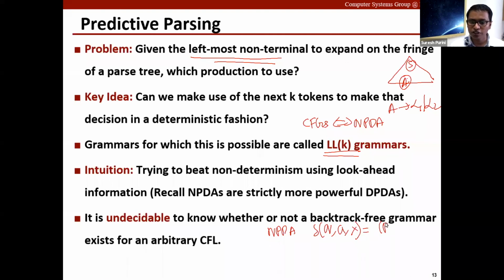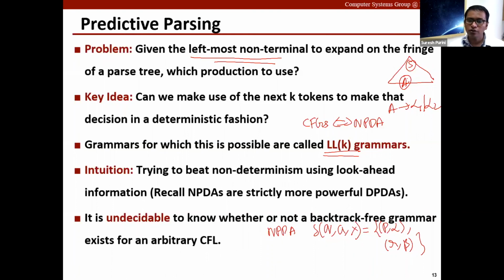The PDA can go to state P and replace the stack symbol X with alpha, or it can go to state R and replace the stack symbol X with beta. These are the two possibilities, let's assume, and in general we can have more than two. Mathematically speaking, if there exists a particular choice of state transitions which leads to an accepting state, then we say the NPDA accepts an input stream.